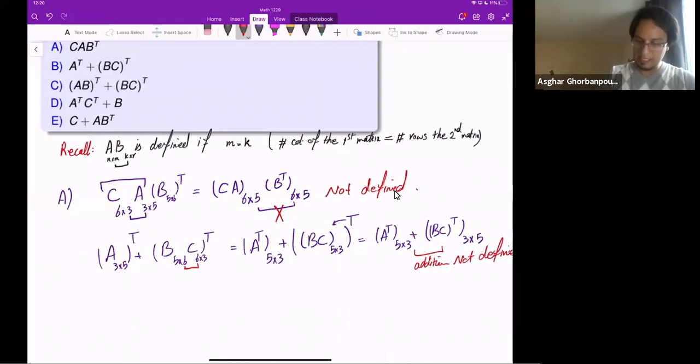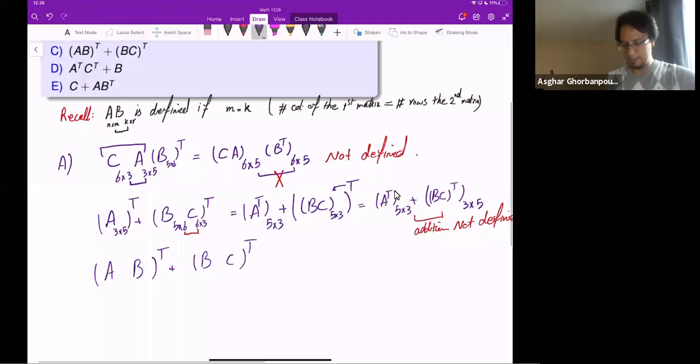Nice. Part C. Oh, sorry, no, that's D. Okay, I need to do C first. A times B, then find the transpose, plus B times C, then find the transpose, and add these. Very nice. A is 3 by 5, B is 5 by 6, and C is 6 by 3.